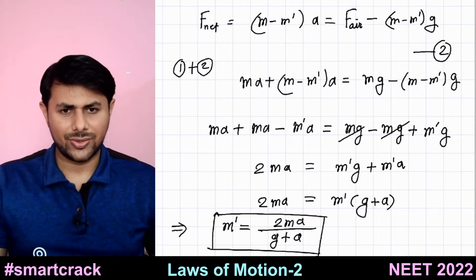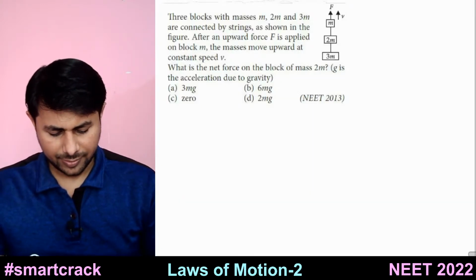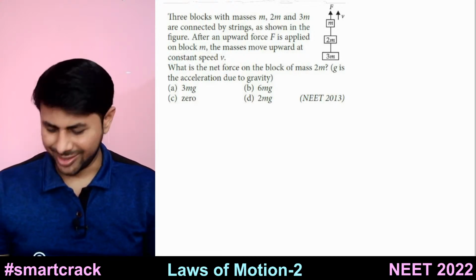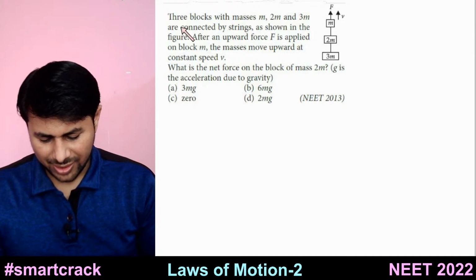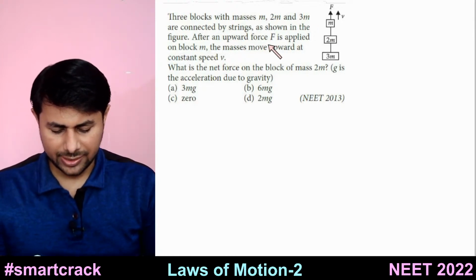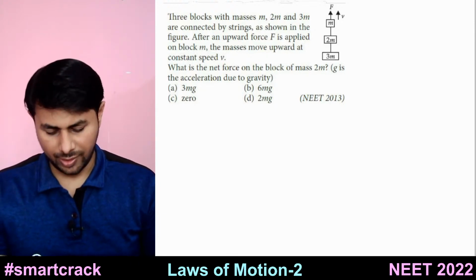All right, let's move on to the next problem. Now we have 3 blocks, not 2 blocks. 3 blocks with masses m, 2m and 3m are connected by strings as shown in the figure.